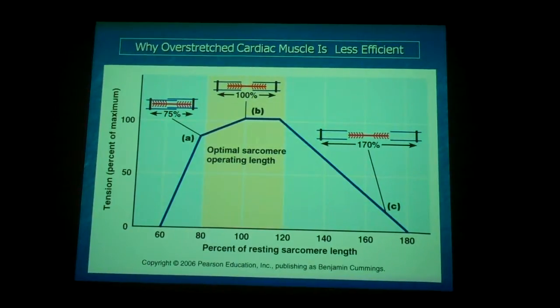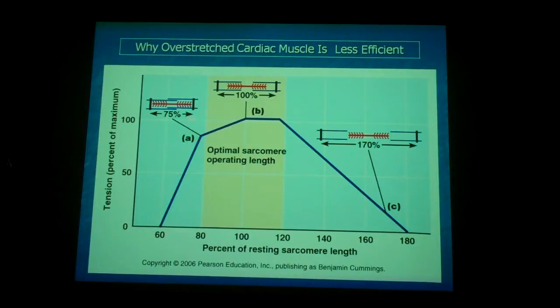Now, if we have a situation in a skeletal muscle where these two are crowded up like this, when we get neural stimulus to contract skeletal muscle, they can't move very far, can they? So we won't create a lot of tension down here, will we? But as we get a more optimal positioning of actin and myosin, like right here, when these move, the myosins move centrally, don't they?